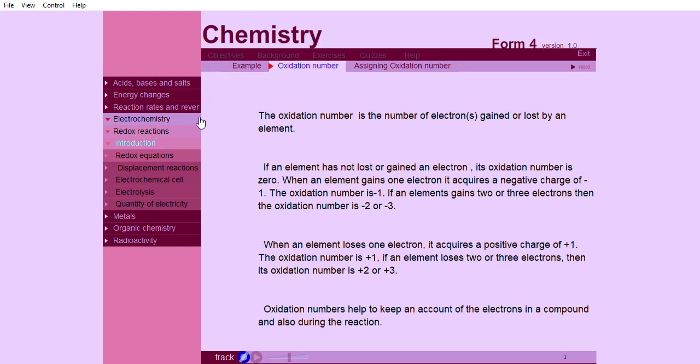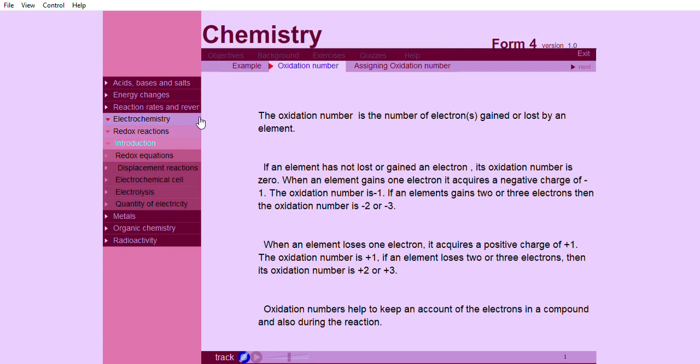If an element gains 2 or 3 electrons, then the oxidation number is -2 or -3. When an element loses 1 electron, it acquires a positive charge of +1. The oxidation number is +1. If an element loses 2 or 3 electrons, then its oxidation number is +2 or +3.